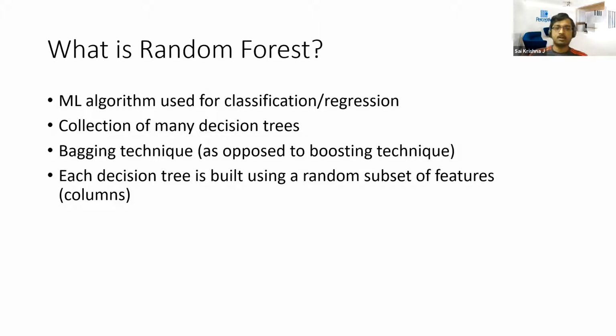It is basically a collection of many decision trees. Decision trees, I'm sure you might be familiar with that technique. So many decision trees put together form a random forest. That's why they call it a forest, a collection of trees. I will go into more detail as to how it actually looks, but note these points for now.